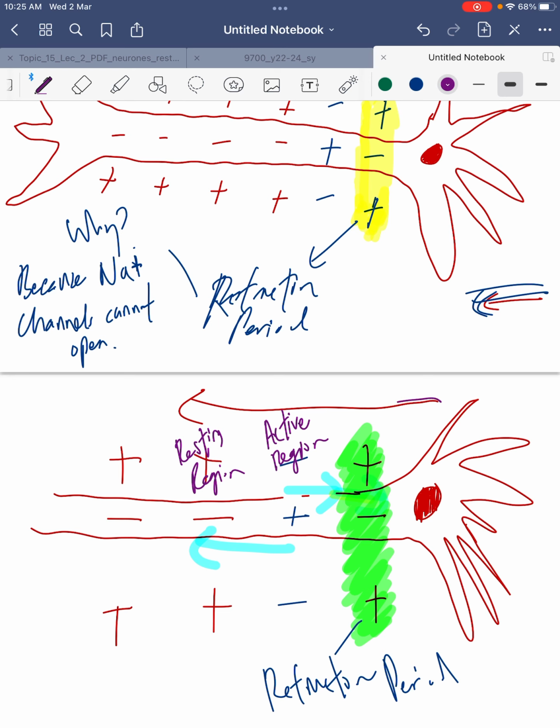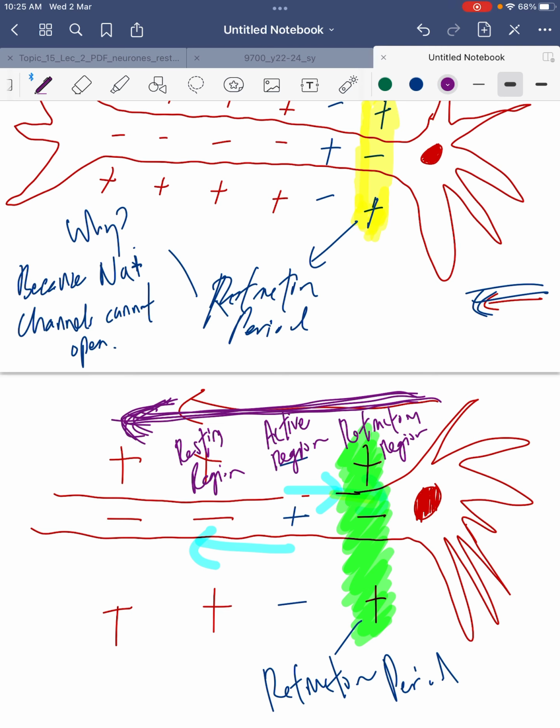So it can only go in this direction. This is refractory period. This is not resting region. So the direction is only in this direction.